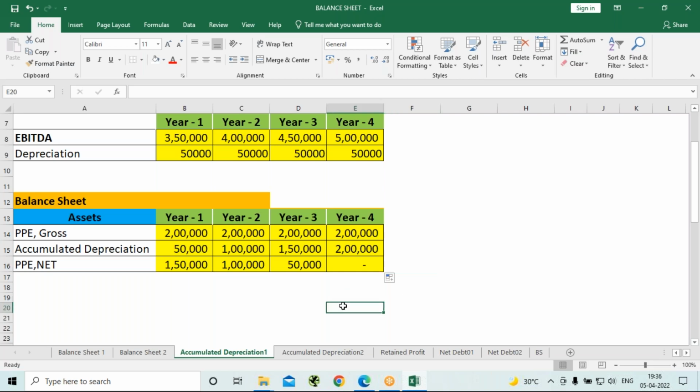Is that clear with the calculation of accumulated depreciation? Should we repeat it? If you have understood, please type it as clear. Good. So we shall move to the next.